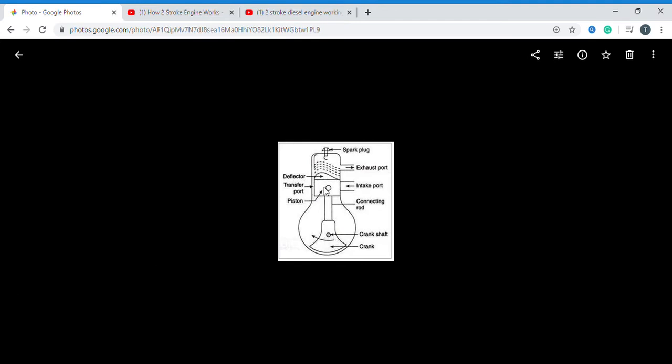Here the piston moves from the TDC to BDC by the spark ignition, that is the combustion. The exhaust gases from the combustion are released from the exhaust port, and when the exhaust is released, the air and fuel mixture enters the engine cylinder, as the piston moves from BDC to TDC and TDC to BDC.